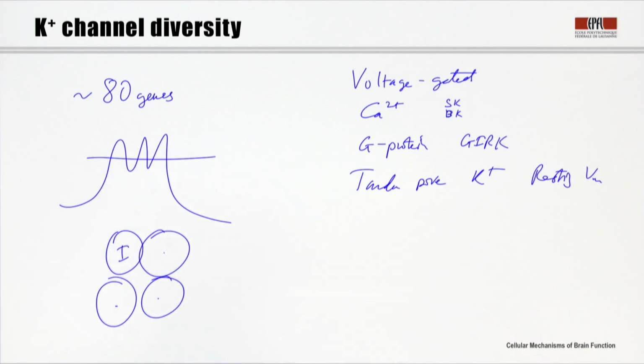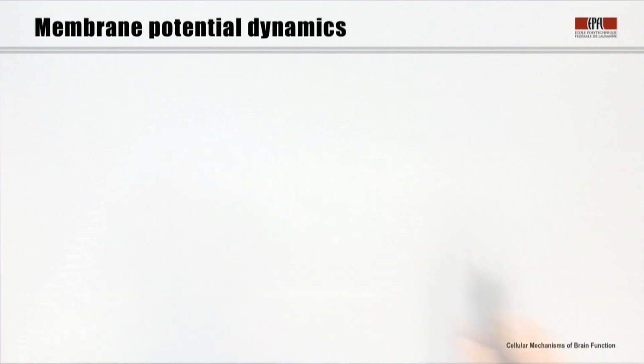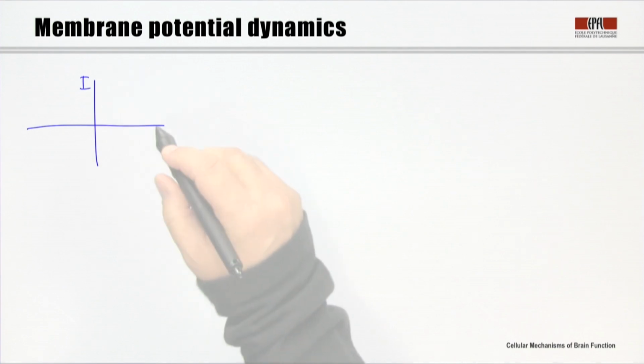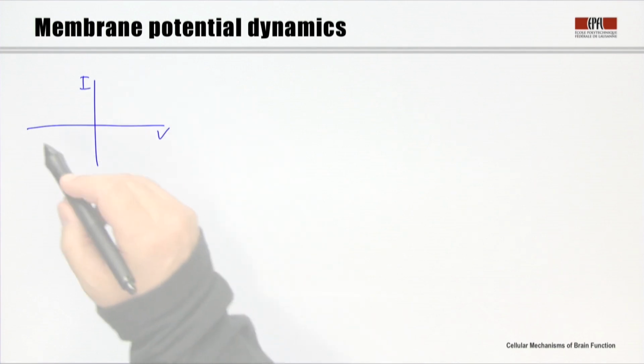And the diversity in the voltage-gated potassium channels causes a great deal of diversity in terms of how neuronal membrane potential changes in different cell types and in different compartments of the same cell. So now we've learnt a bit about the voltage activation of the sodium and the potassium conductances.